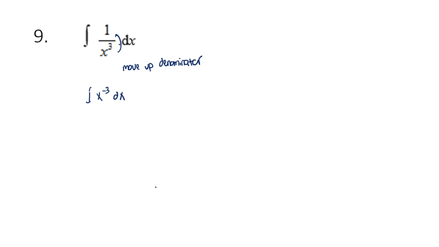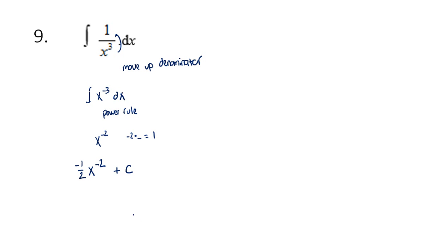And if we have x to the -3rd power, and then we do the power rule, then we have an exponent of -2, and then we should do -2 times what equals 1, and that would be -1/2. And since it's indefinite, it's plus c.